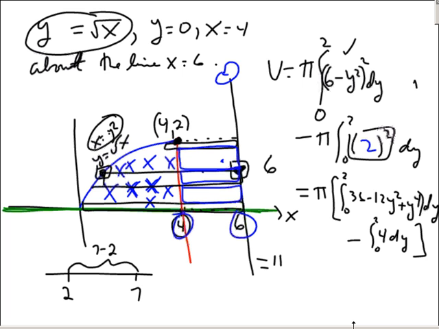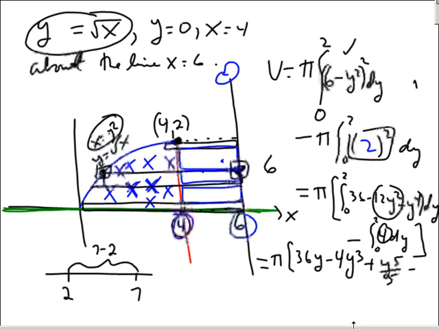And what we get is 36y minus 12y cubed over 3, but 12 over 3 is 4, plus y to the 5th over 5, minus the integral of 4 dy, which is 4y. 36y minus 4y, you can just call that 32y. And we evaluate this from 0 to 2.